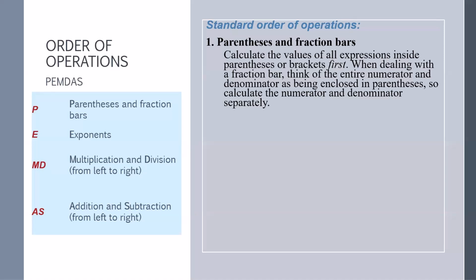When we talk about parentheses and fractions, we want to calculate the values of all expressions inside a bracket first. When dealing with a fraction, think of the entire numerator and the entire denominator, each as being their own brackets. So we calculate the numerator and the denominator separately.